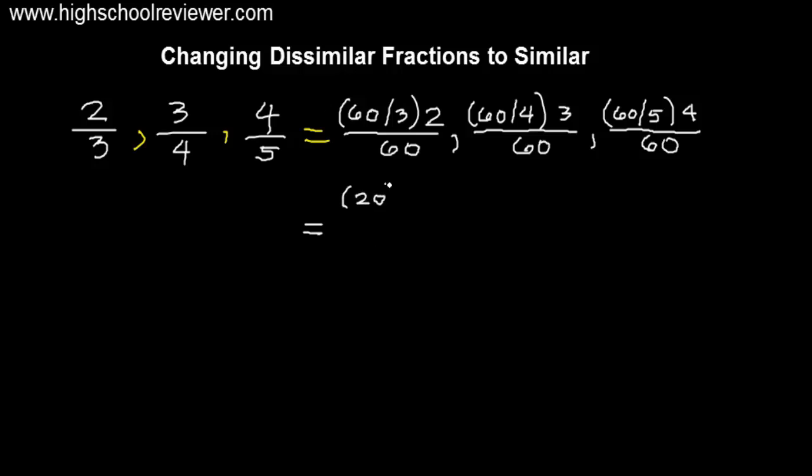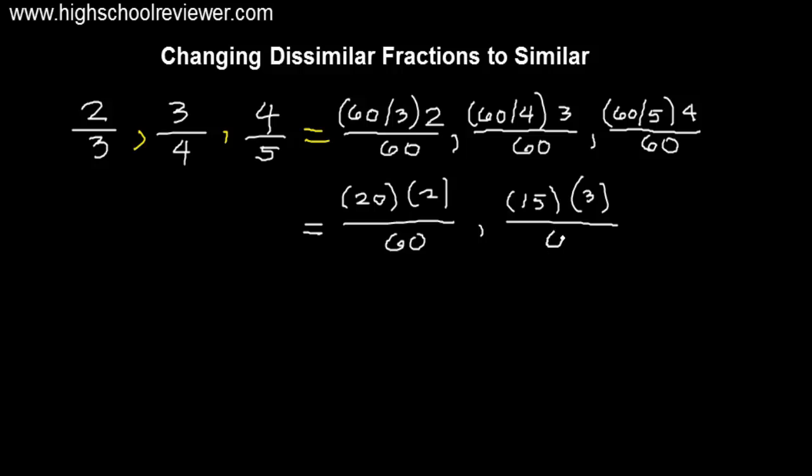So 20 multiplied by 2 over 60. And for the second, we have 60 divided by 4, this is 15. 15 multiplied by 3, and then over 60. And for the third, we have 60 divided by 5, that is 12 multiplied by 4, over 60.